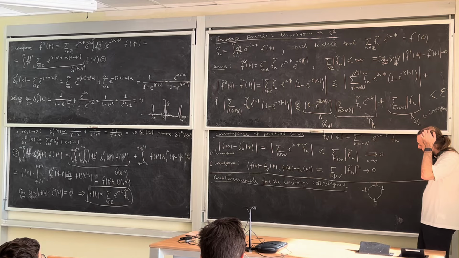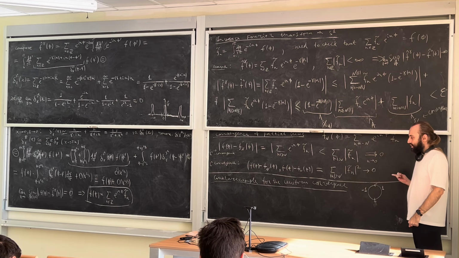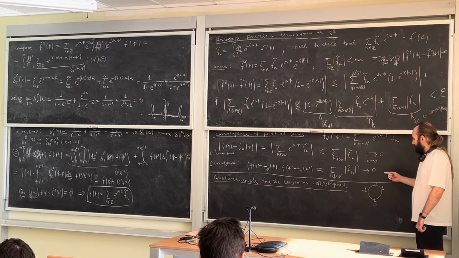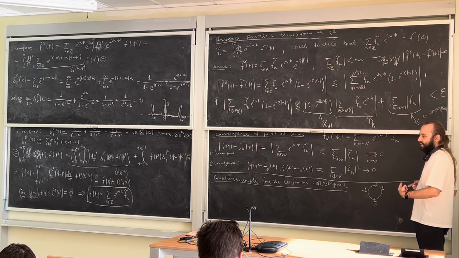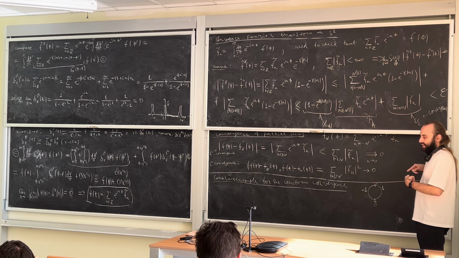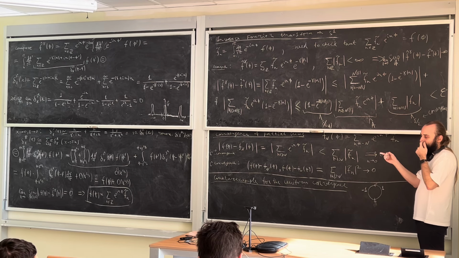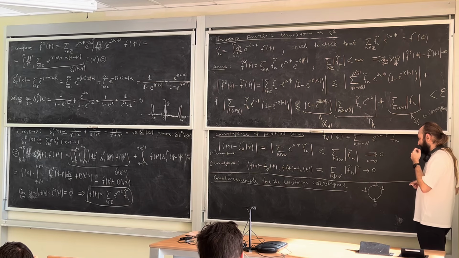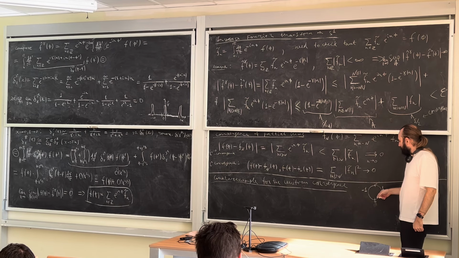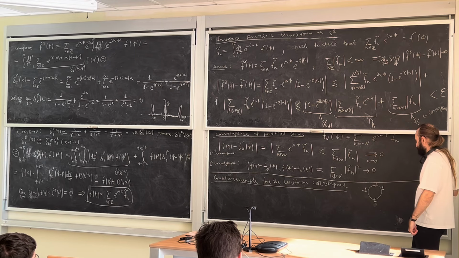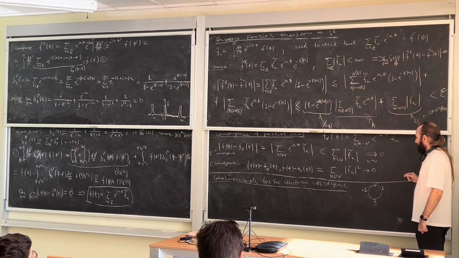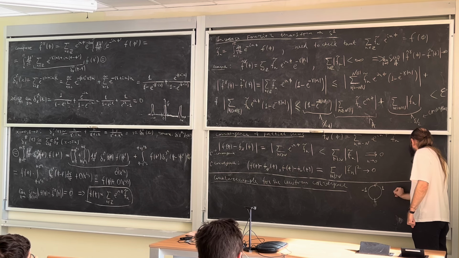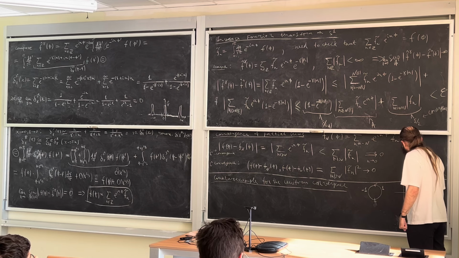We can define it as 0 at that point, but this does not help, because all the partial sums are continuous, so they will not converge to our original function.